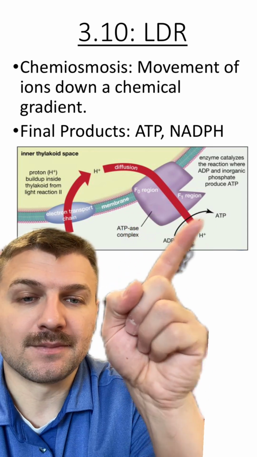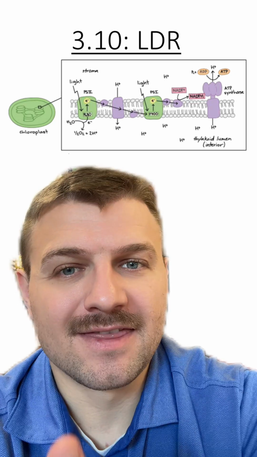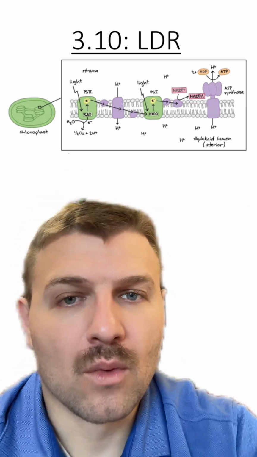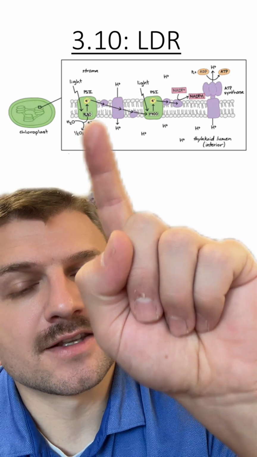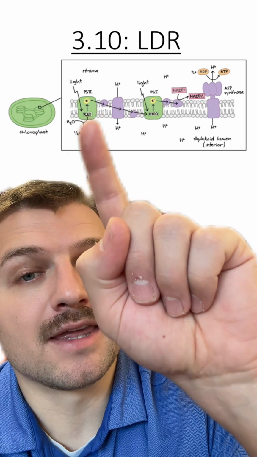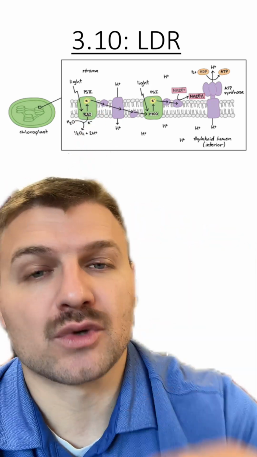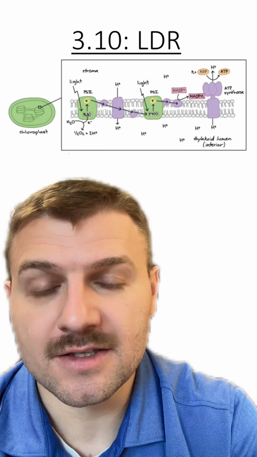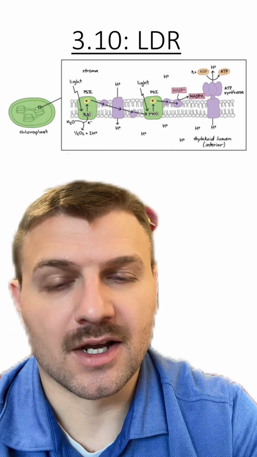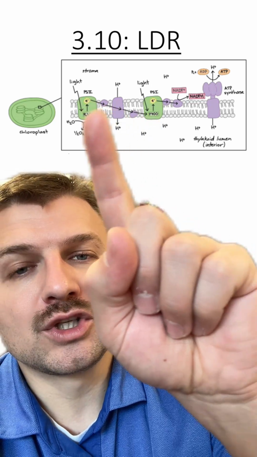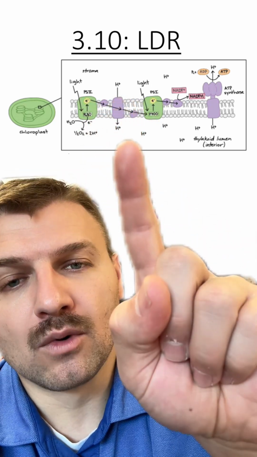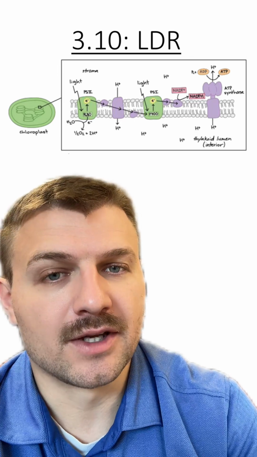I'm going to quickly go over again the process from beginning to end. Water is going to break down here at photosystem 2, donating its electrons. These are going to become energized by the photosystem absorbing light and transferring it to the electrons, which makes them high-energy electrons. These electrons are going to move down the electron transport chain, which uses that energy to force more hydrogen ions into the thylakoid's lumen.